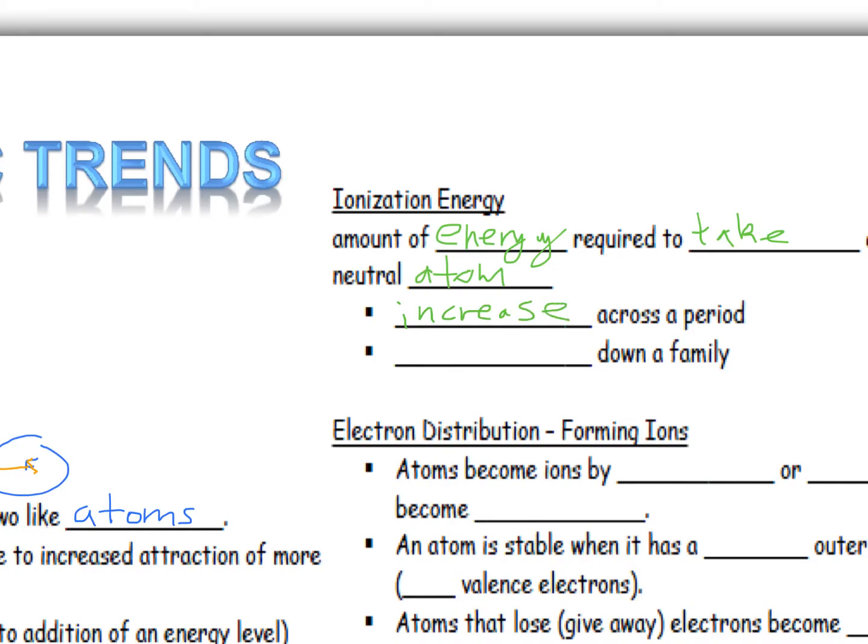And then going down a family, once again, these electrons are further and further away from that positive pull, so they're going to be easier and easier to take. Okay? So going down a family, it's going to decrease. All because we're adding energy levels, so our outermost energy levels are getting further and further away, and they're easier and easier to take.